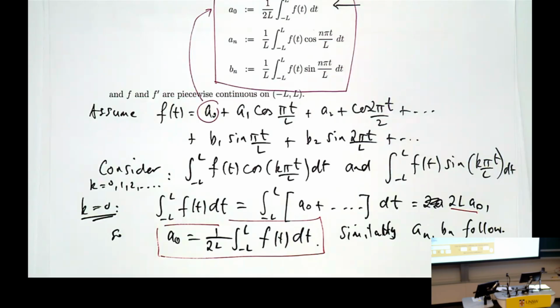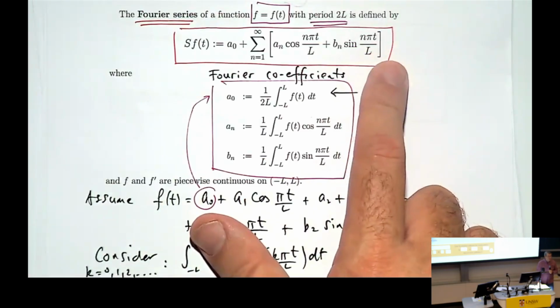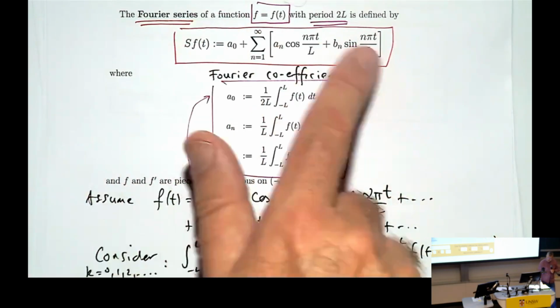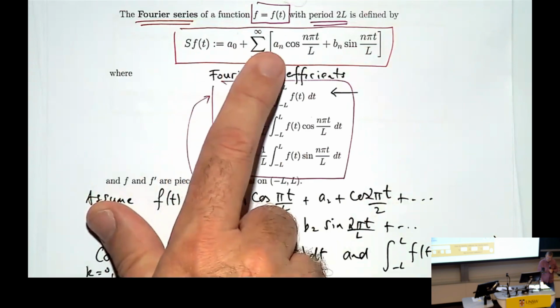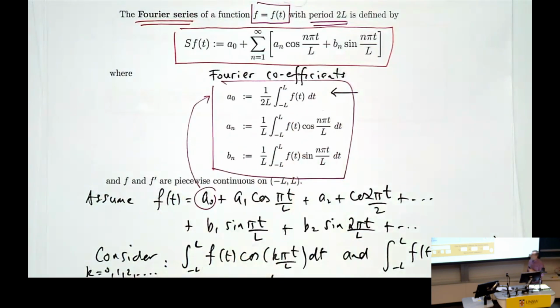And this is the general form. In order to compute that, we want this coefficient and this coefficient, and they're derived through integration. All right, so let's go a little bit deeper into this, because I don't want to go too slow.